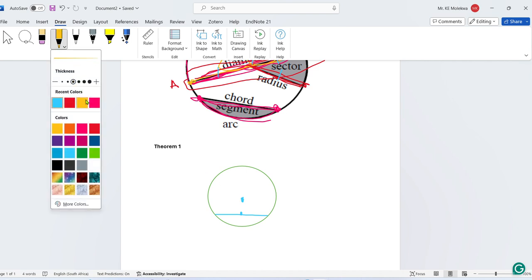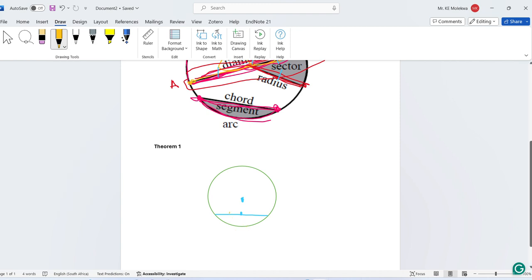It means this line here should be equal to this line because of the midpoint. So this line joining the center to the midpoint of the chord is perpendicular to the chord. How are we going to say this is perpendicular? We're going to say the angle here should be 90 degrees and the angle here should be 90 degrees. So this is theorem number 1.